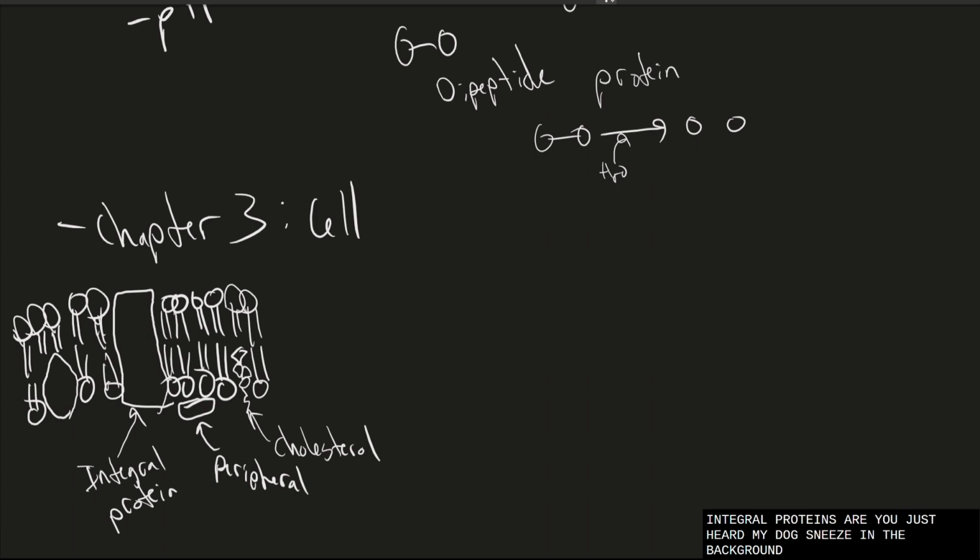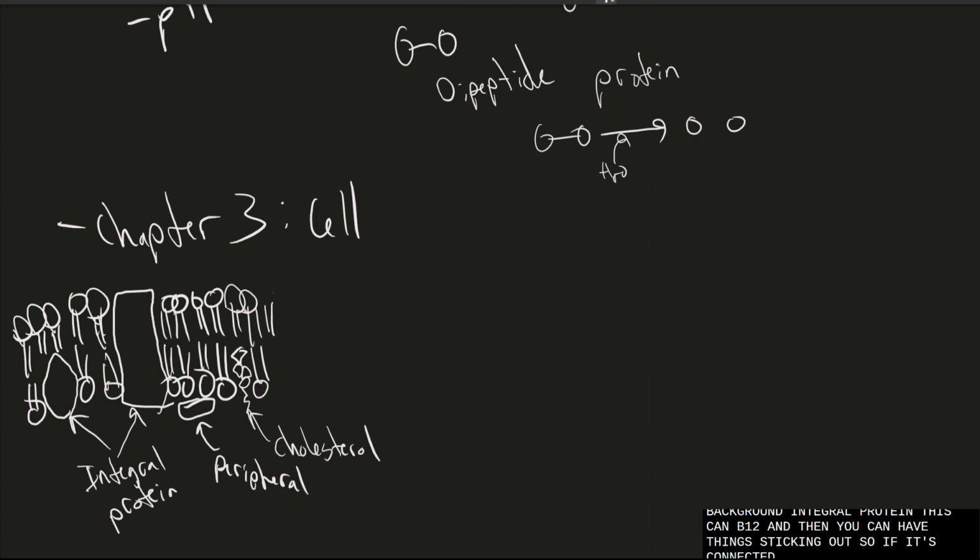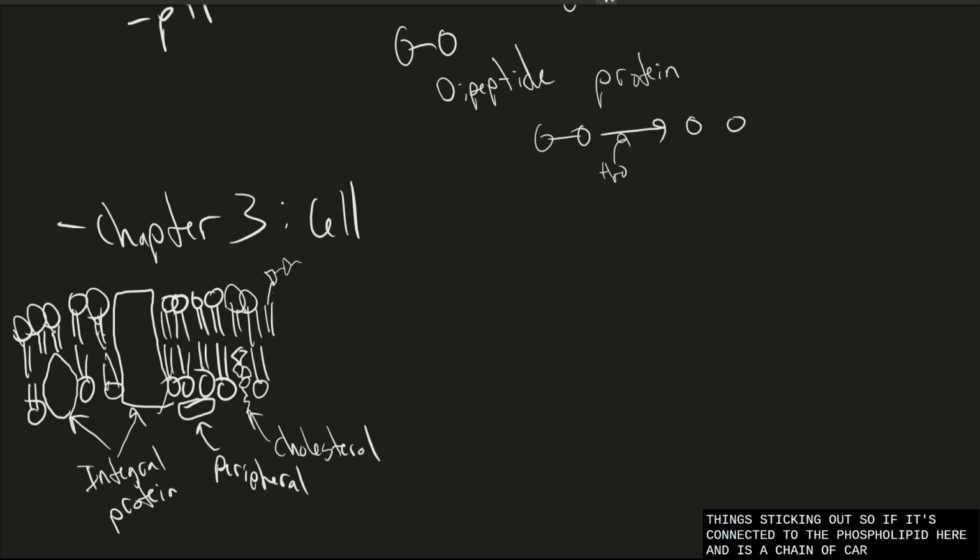But integral protein, this can be one too. And then what else can we find in the cell membrane? You can have things sticking out. So if it's connected to the phospholipid here and is a chain of carbohydrates, let's say we have a chain of carbohydrates, down here's another phospholipid. This is called a glycolipid, because it's carbohydrate attached to a lipid. And then let's add another phospholipid.